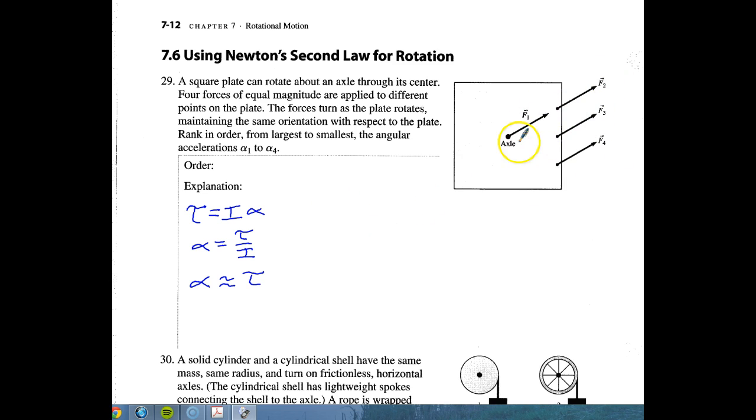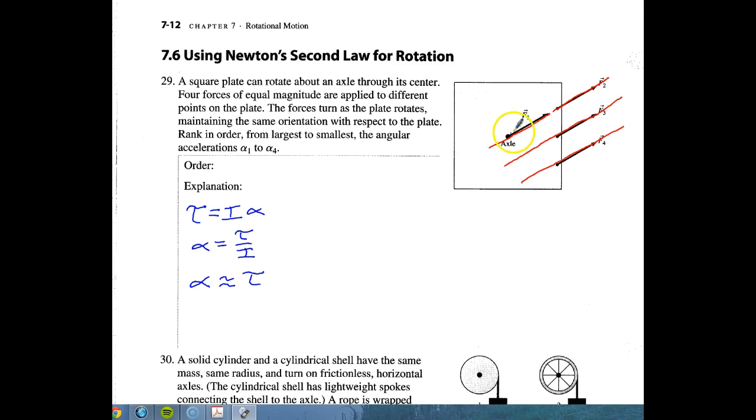The first thing we're going to do in red is make our lines of action. Remember, the line of action will go straight through the force itself. Now this one I'm going to make a little bit longer because remember, we want them to come down and be perpendicular to the axle itself. The next thing we need to do is draw a moment arm to each one of the lines.